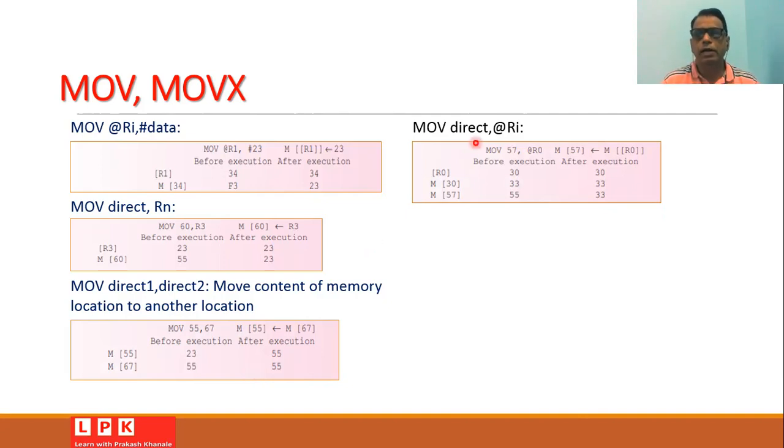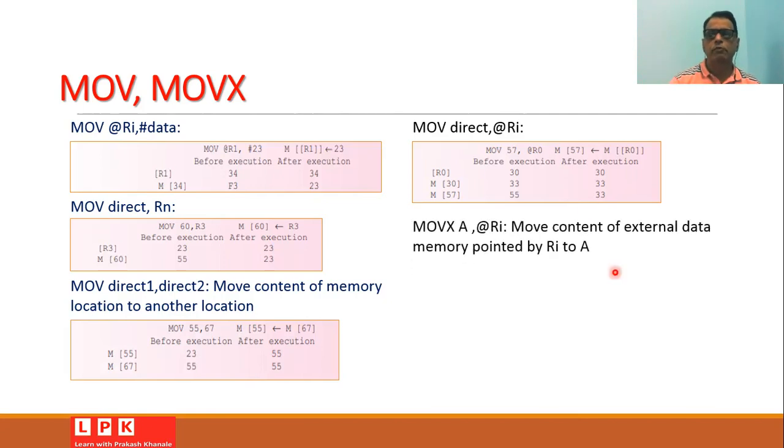So for example, if we write the instruction MOV 57, @R0, and suppose the content of R0 is 30, content of memory location 30 is 33, content of memory location 57 is 55. Then after the execution of this instruction, the content of R0 will remain 30, the content of 30 will remain 33, but the content of 57 will be changed to 33.